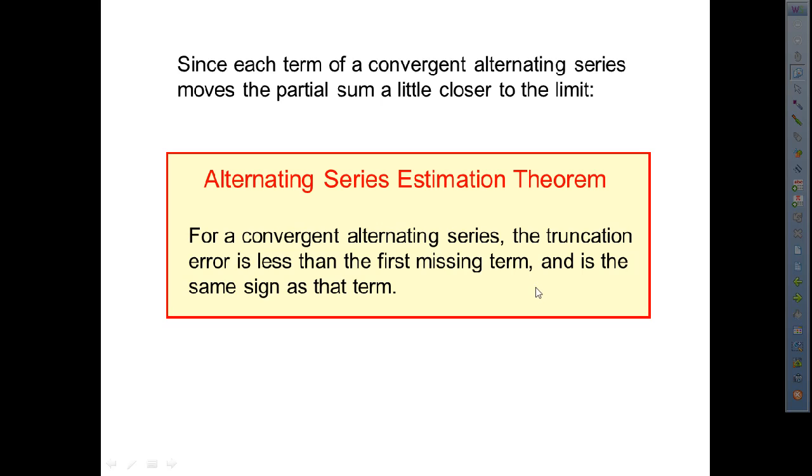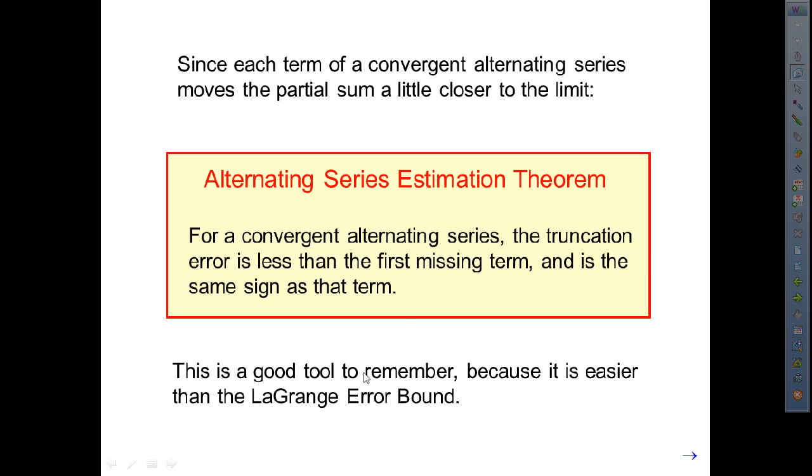So if we chop some terms off, we take that first term that we're ignoring, and the error is going to be less than that term right there.